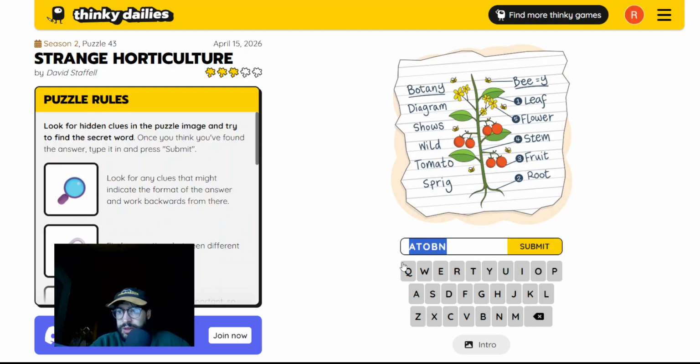So we know that leaf is a 4, that's an A. Then flower is an N. Then stem, which is a 1, and that's B. Then fruit, which is a 2, which is an O. And then root, which is a 3, which is a T. Anbot. What if we do Yambot? No, I can't do it.